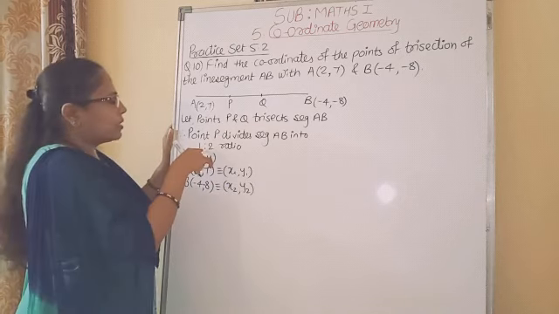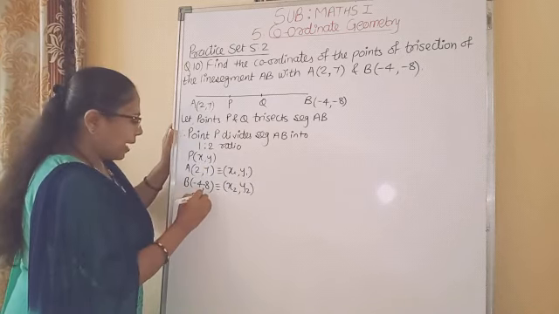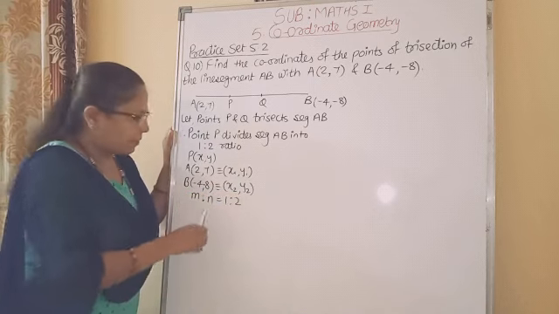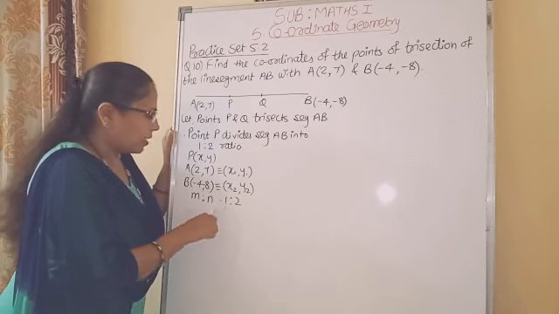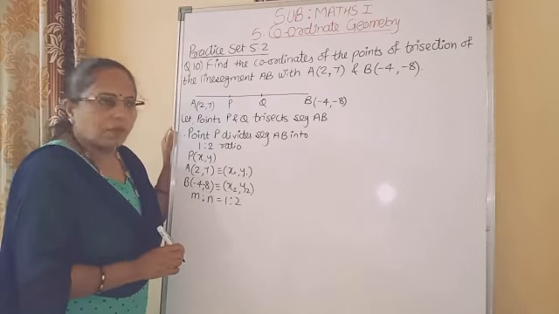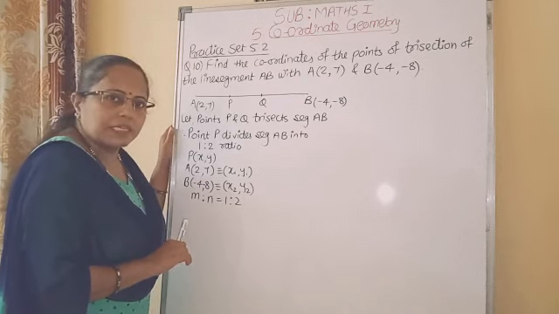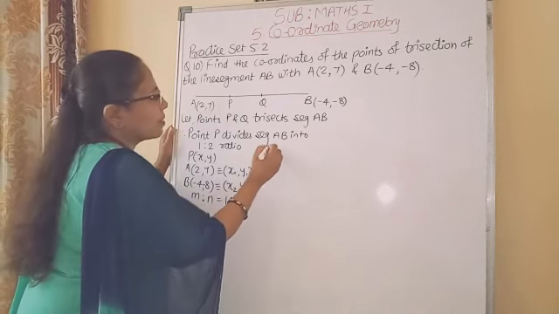Followed, and the ratio is given 1:2. So m:n is equal to 1:2. That means m equal to 1 and n equal to 2.